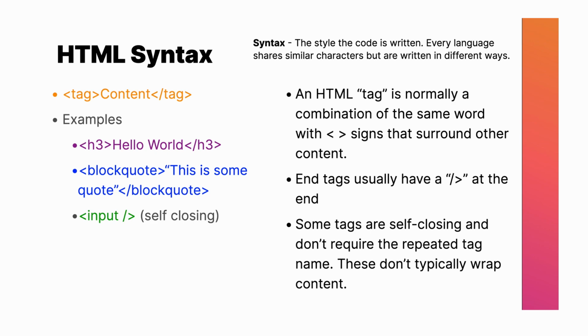The ones that do have an ending tag have that slash right after the less than sign. On the first example there, Hello World, you can see that the H3 will actually surround the text and then close itself with another H3 tag. We'll get into what each of these mean, but the Hello World example there is a block element, so it's going to wrap content.